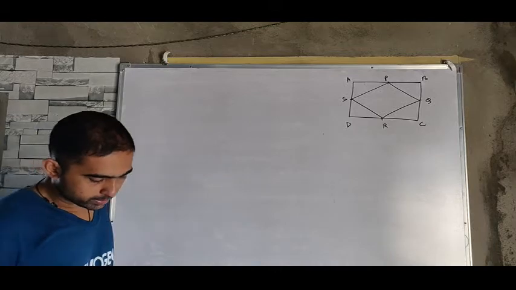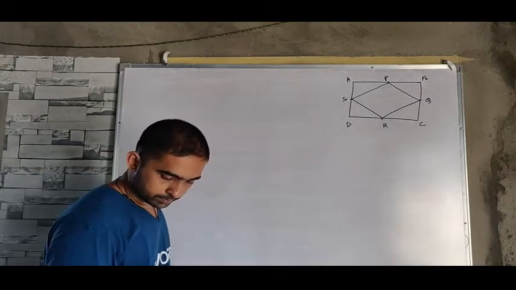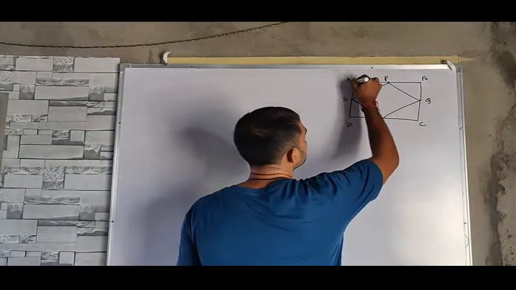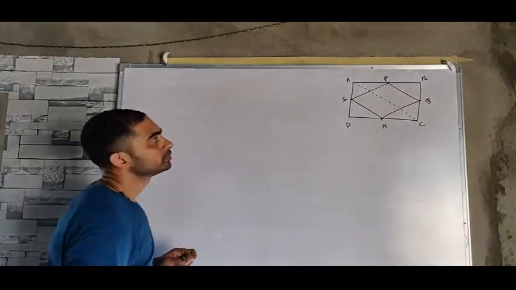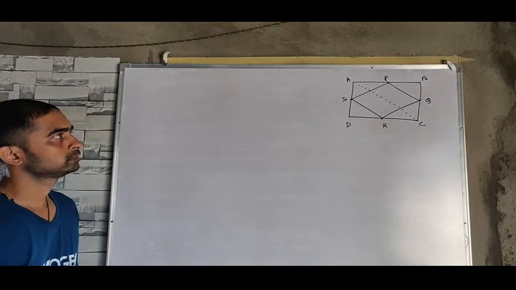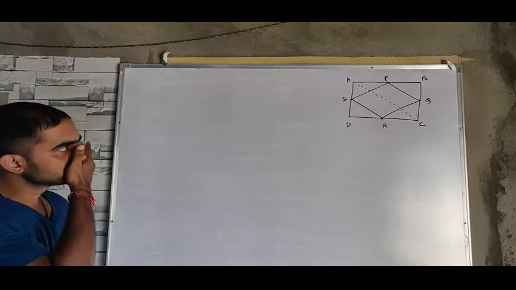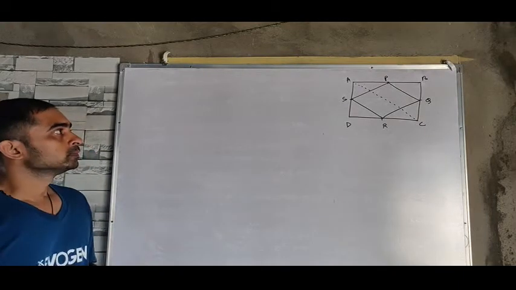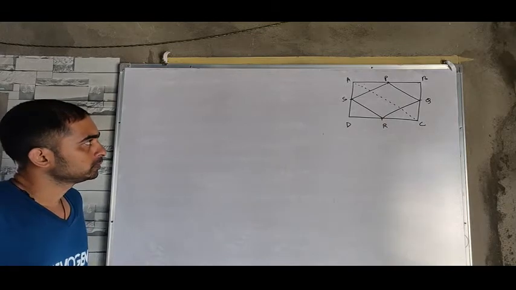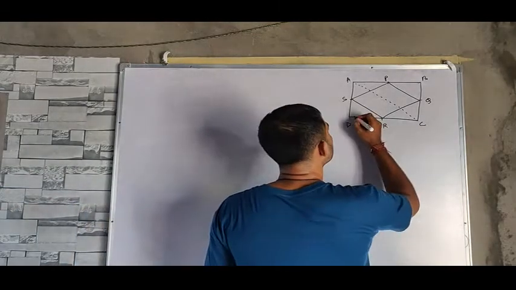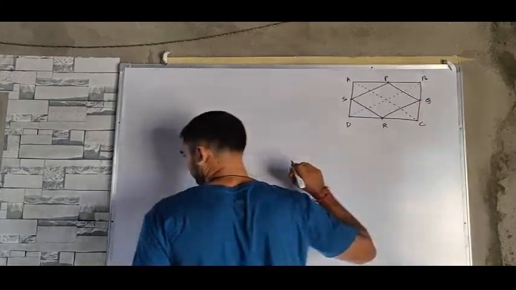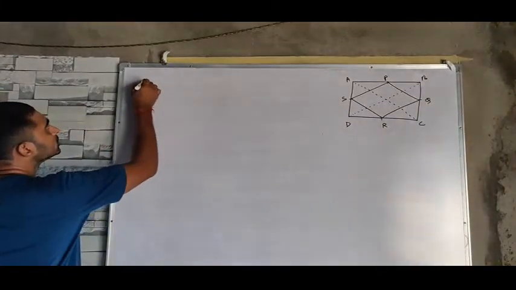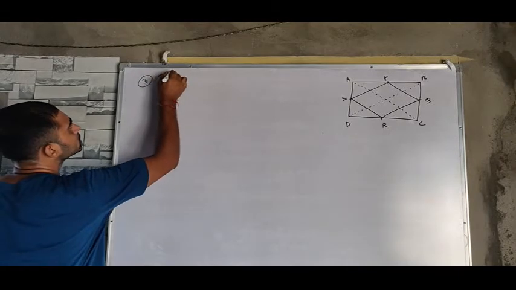Prove that it is a rhombus. So join AC and BD also. Got it? So question number 3, solution.